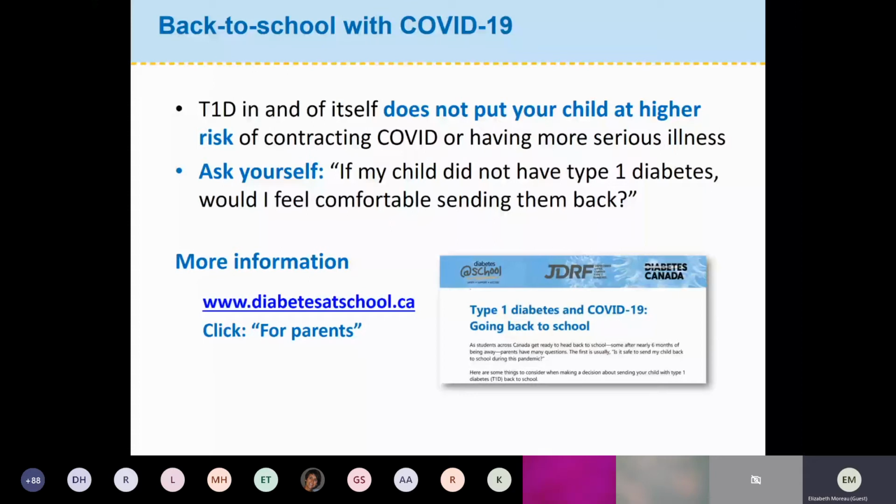And then finally, I think the best advice, if you will, it's not advice, but just think to yourself, if my child didn't have type 1, would I feel comfortable sending them back? And you may be asking that about your other children as well. So again, I encourage you to go look at the document and have a read through it. We hope that it's the same kind of guidance that your clinic is giving you to make this decision.